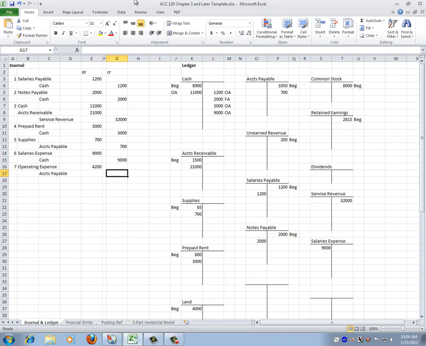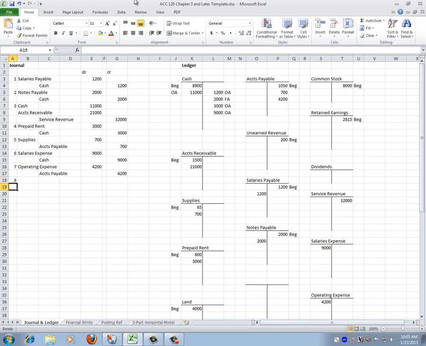We record the operating expense with that left side or debit, it's called, entry, as we record all expenses with. I'll create that expense account and post it. And then, since we owe our vendor more today, increasing the account payable liability with that right side entry called a credit.